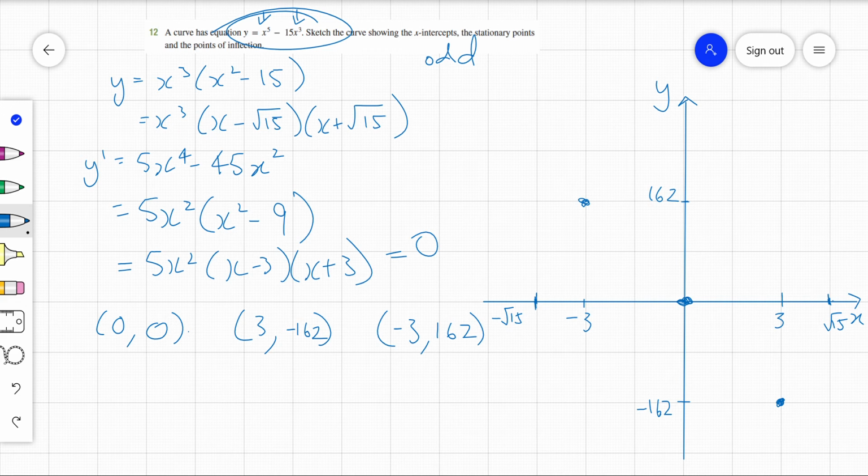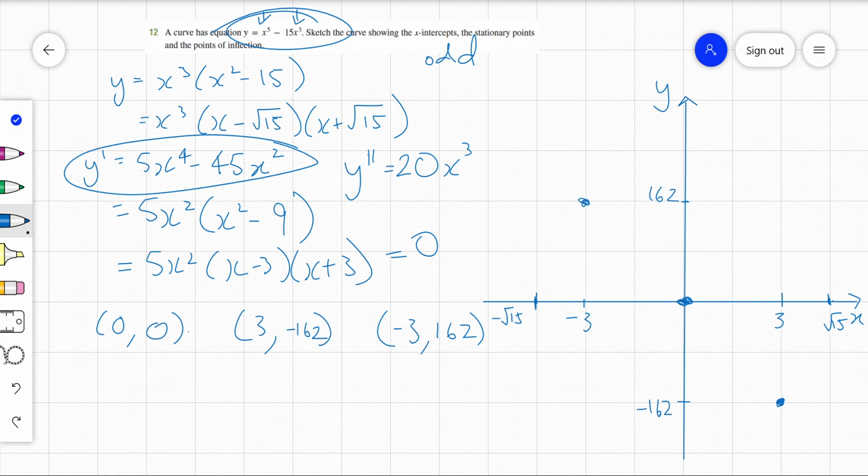It's pretty clear how that's going to occur. First of all, because it's a nice curve, we can easily do y double dash. So you might want to set your working out. I should start setting it out much nicer, shouldn't I?